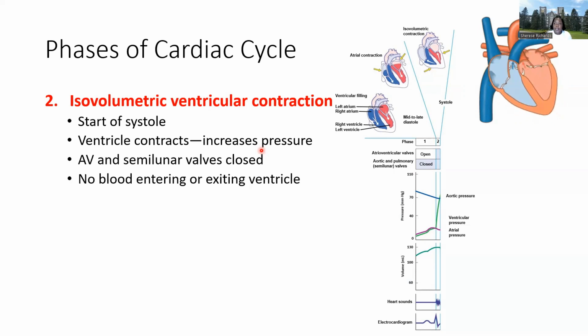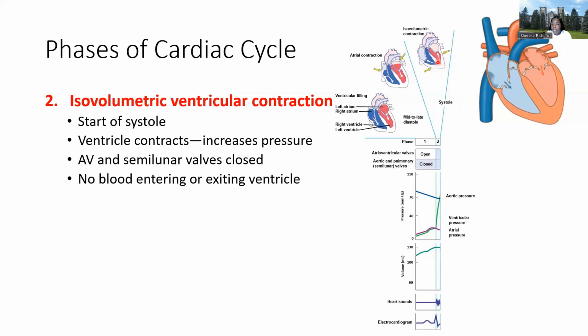So during this phase, the pressure in the ventricle has risen to where it's no longer less than the pressure in the atria. So the AV valves are closed, but it is not yet high enough to where it is now greater than the pressure in the vessels. So both of the valves are going to be closed in this very short period, but the ventricular pressure will be rising as the ventricle begins to contract.